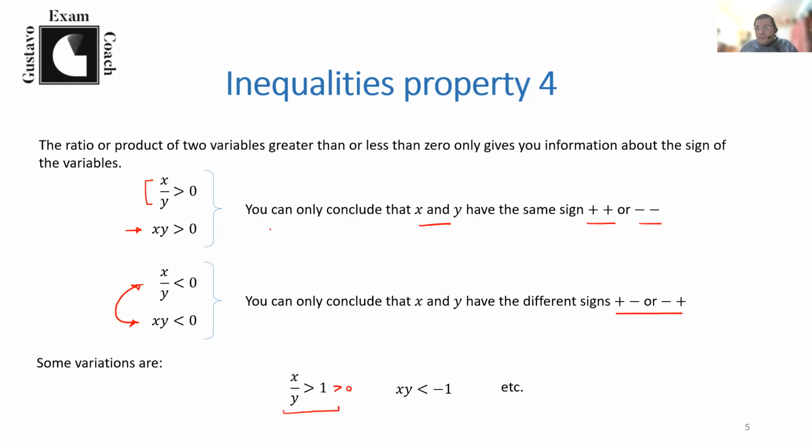Imagine that you assume that they are both positive. X and y are positive. What would happen if I multiplied both sides of this inequality by y, which is a positive number? Then I would have this, x is greater than y.